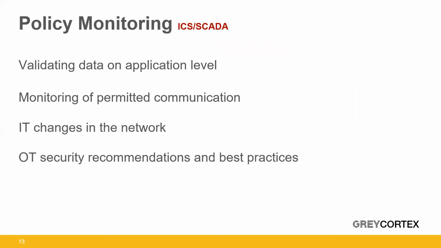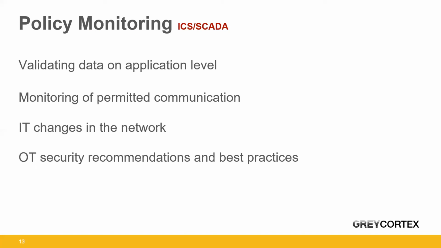And finally, GREYCORTEX, this is something that we have not shown today, but GREYCORTEX Mendel is also a great tool for policy monitoring, whether digging very deep all the way to the application level data, for example, if some certain values are in certain ranges, but also on a higher level, for example, what devices are communicated with what devices over what protocol, what is the frequency or how often, and so on.